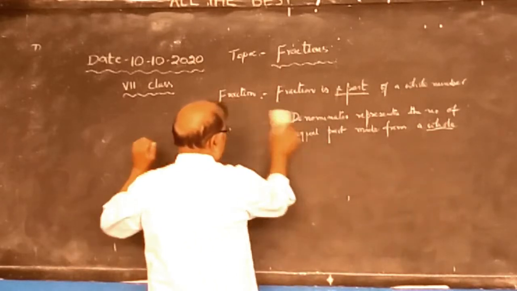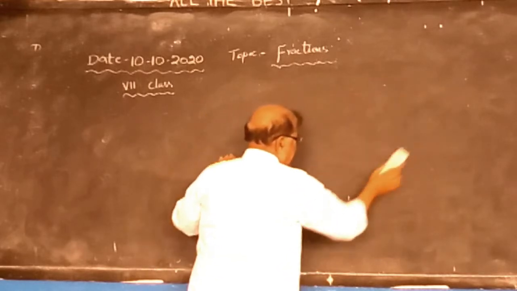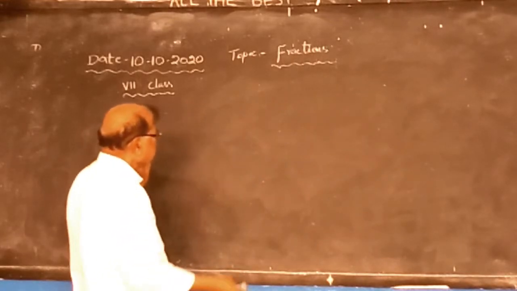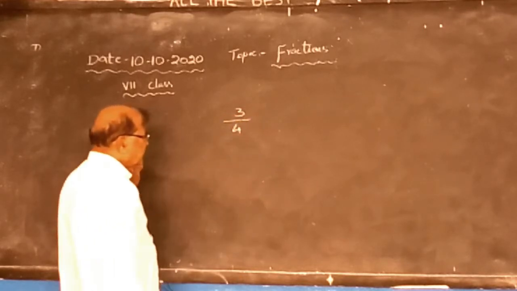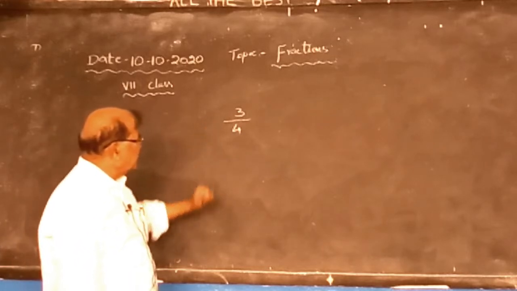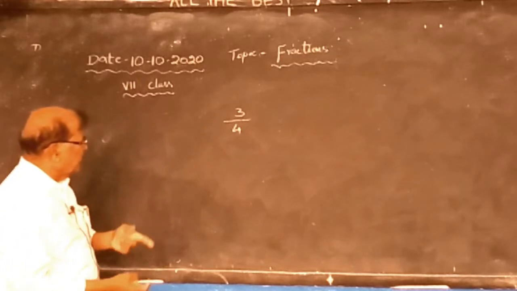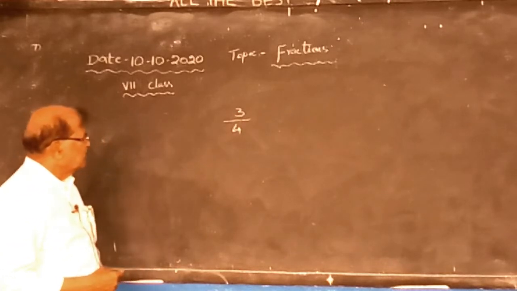Now, the most important property of a fraction, let us see. 3 by 4. What is there in the denominator? 4. What is there in the numerator? 3. How many parts are made? 4. How many parts are taken? 3.